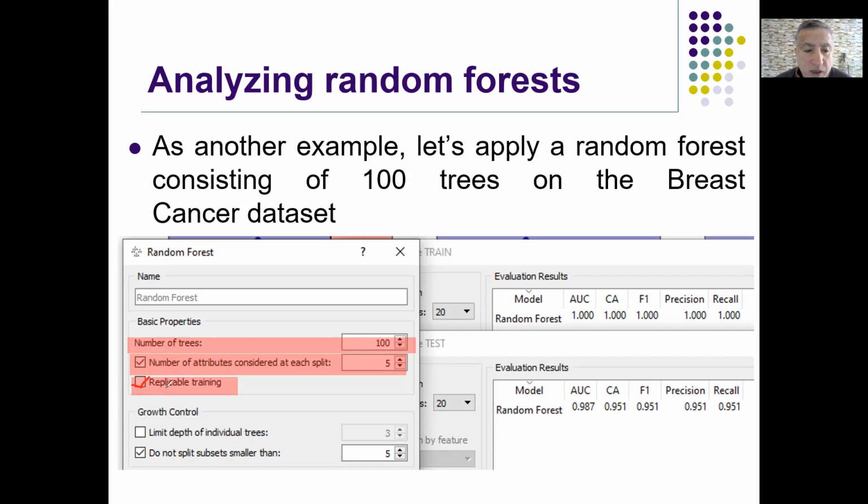I will come to the others, but for these ones, you might remember from last week, these are the control of pruning, right? Approaches for the decision trees. Remember last week. So limit the depth of the individual trees and do not split subsets smaller than this number of samples.